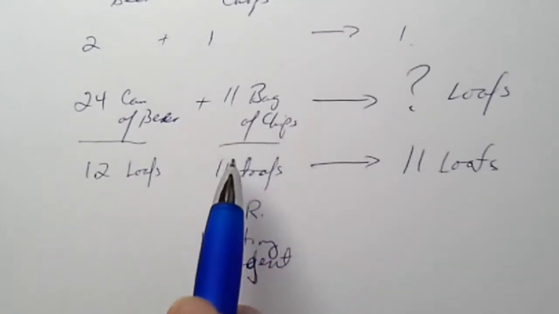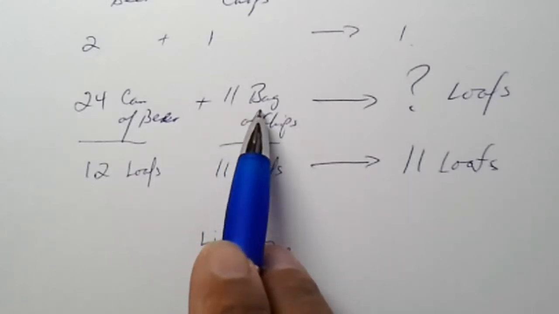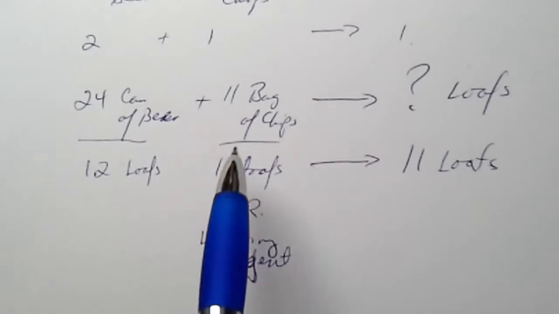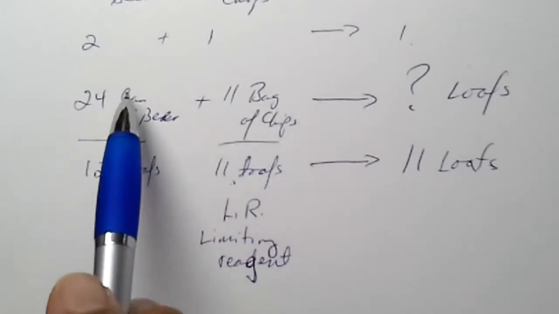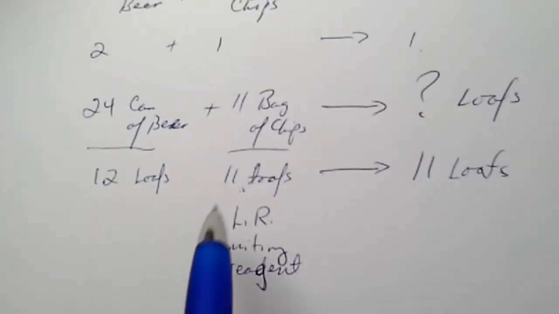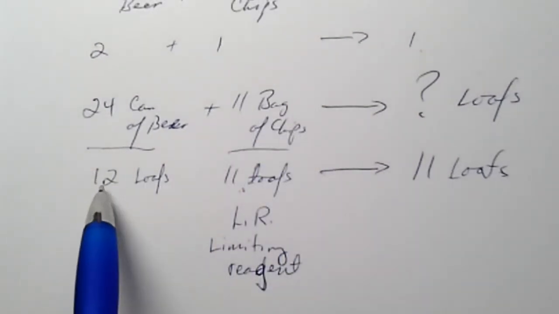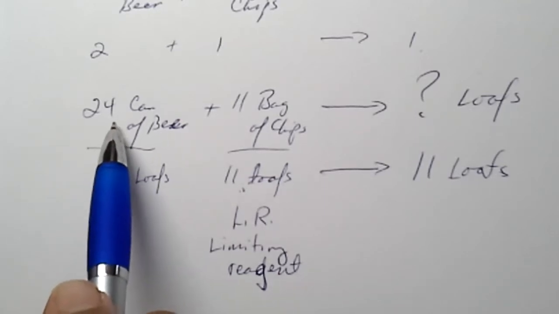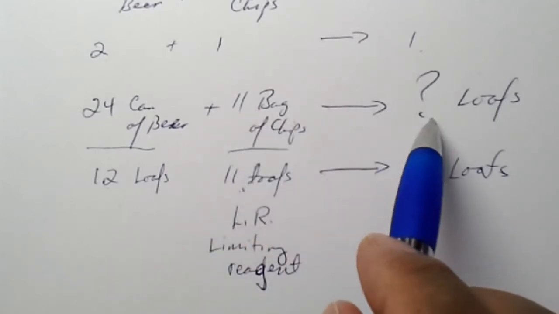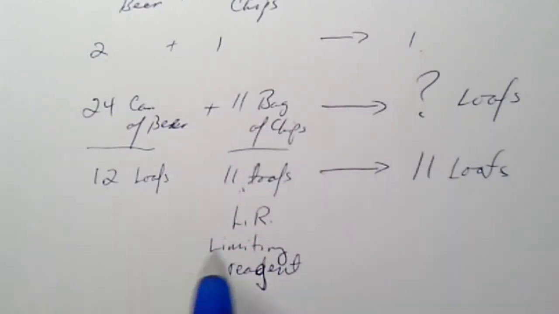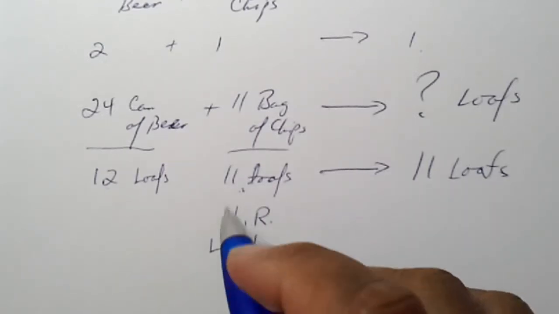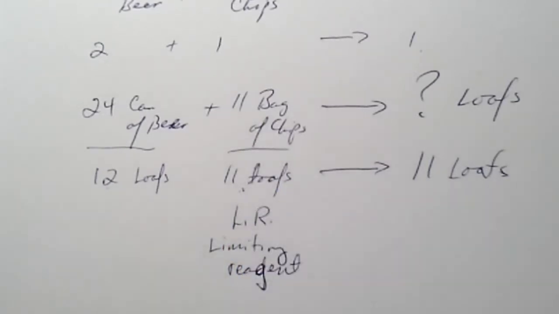The least amount of reactants I have are the bags of chips, because I can only make 11 loaves from just considering the bags and excess beer. If I had excess bags, more than 11, I could make 12 loaves, because I had 24 cans of beer, and 2 cans for every bag of chips will give me a loaf. So this is the nature of stoichiometry, and in this case we also have what's called a limiting reagent.